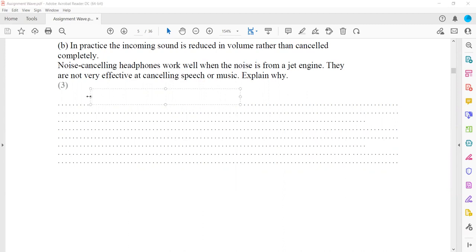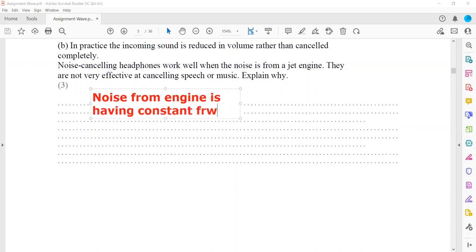The noise from the engine has a constant frequency, or you can say pitch or loudness.